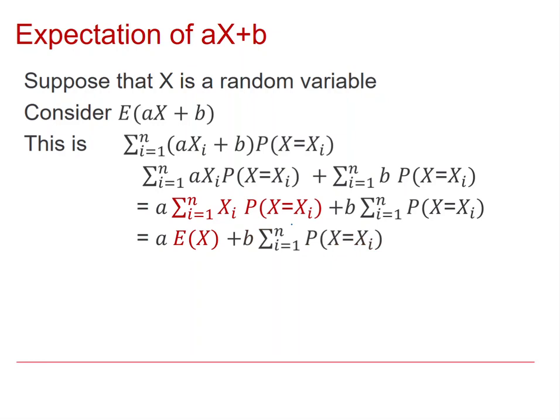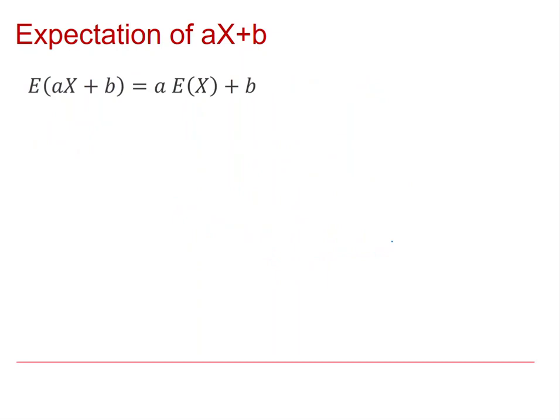We also have the sum of the probabilities, and we also know what that is. That is 1. So we've got b times 1, which is just b. So we have the following result, that the expectation of ax plus b is the same as a times the expectation of x plus b.